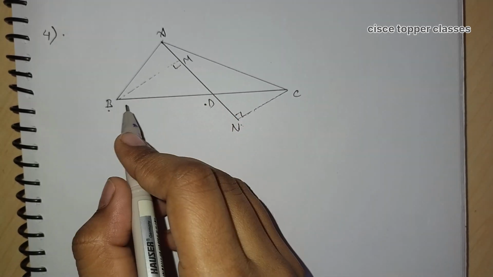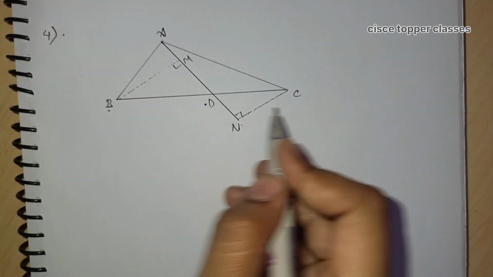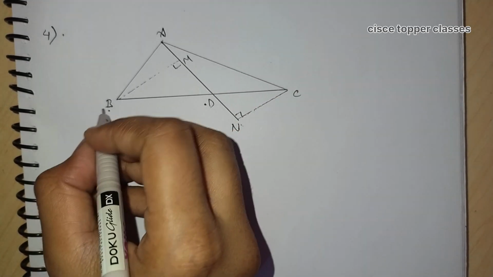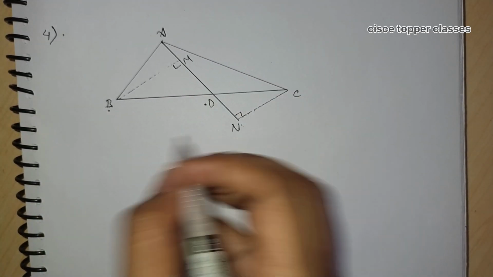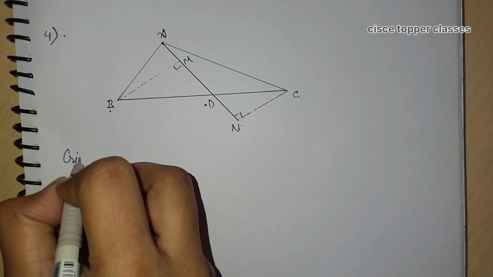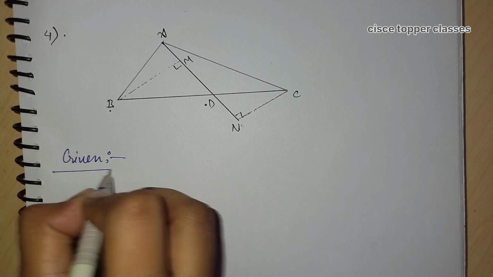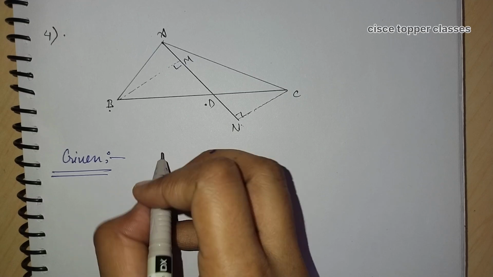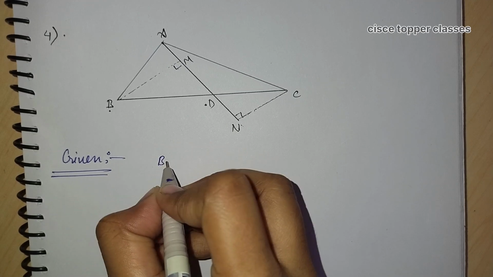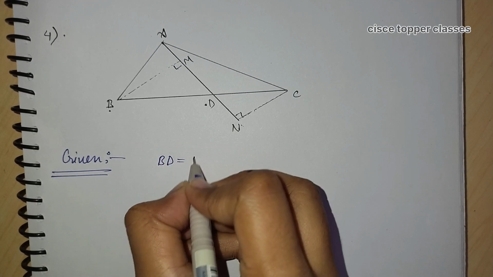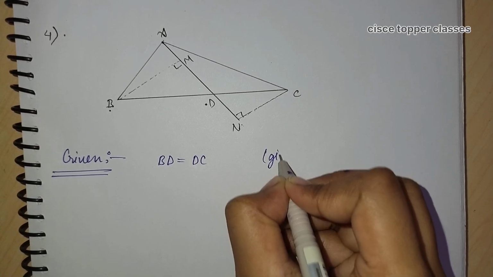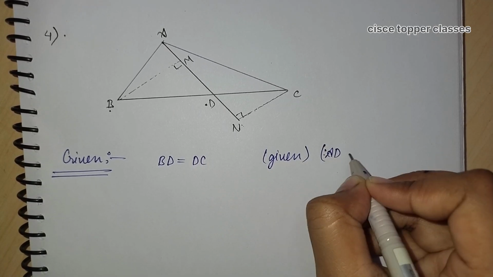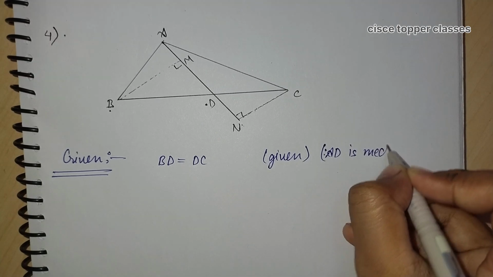So here we will take these two triangles as BMD and CND to prove that BM is equal to CN. So the given information in this question is that AD is median, so BD is equal to DC. This is given because AD is median.